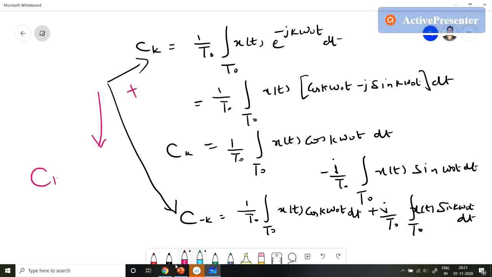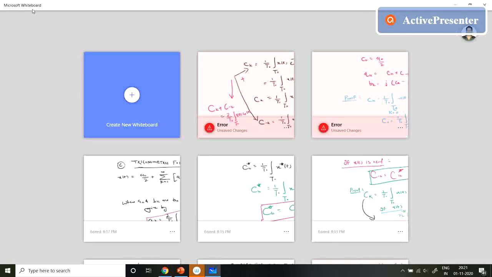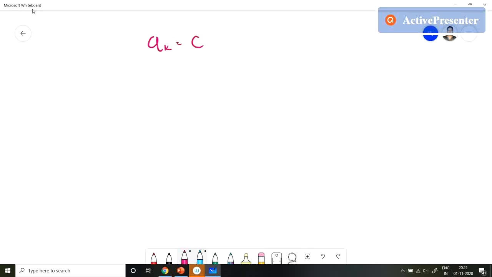We will get ck plus c of minus k is equal to 2 divided by T naught integration over T naught x(t) cos k omega naught t into dt, and that is equal to ak. So we are getting ak is equal to ck plus c of minus k. This is the relation we are getting.